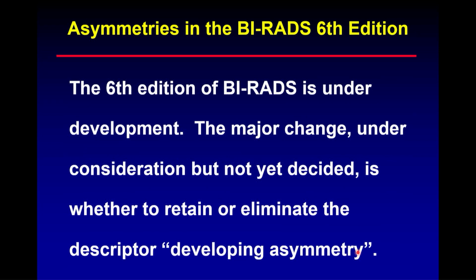And as Janice has explained to you, the major change in the 6th edition of BI-RADS relative to all the asymmetries is whether the descriptor remains or not. But remember that if it's not in there, doesn't mean it's not important. You still have to look for the same thing.